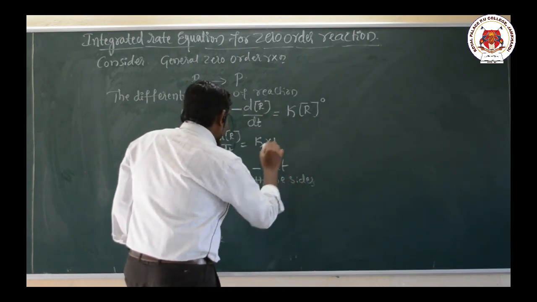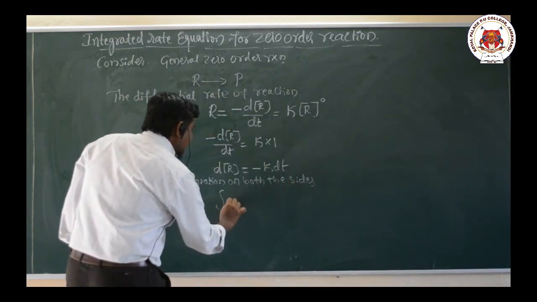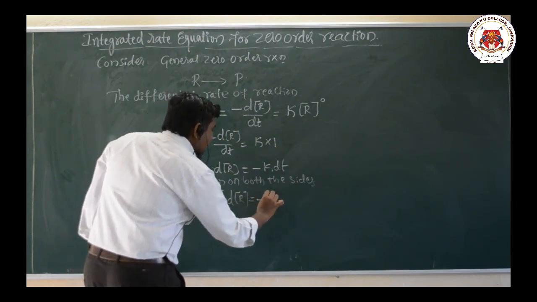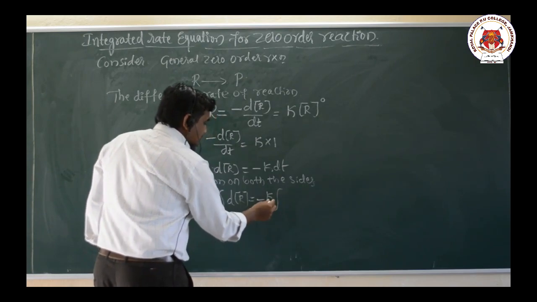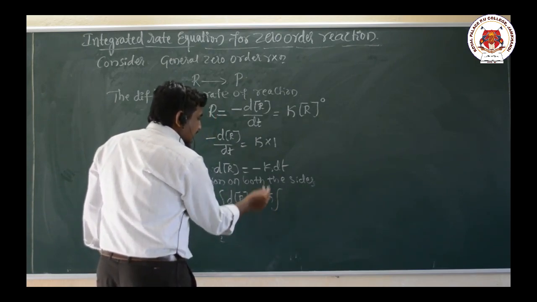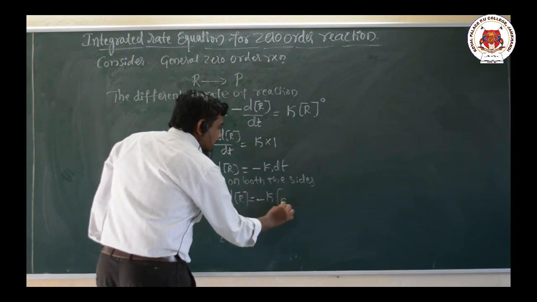Integration of dR equal to minus k, this is a constant, so we will not integrate this constant, hence minus k integration of dt.